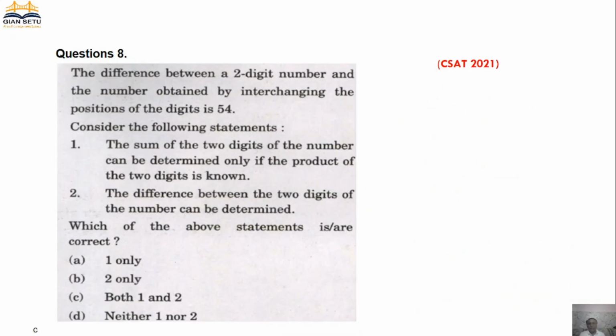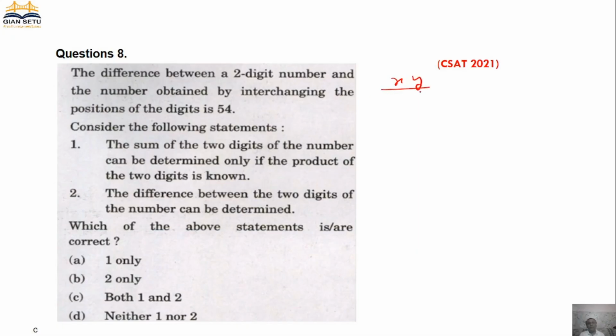Now question number 8: the difference between a two-digit number and the number obtained by interchanging the position of the digits is 54. Now consider the following statements. Suppose the number is xy.